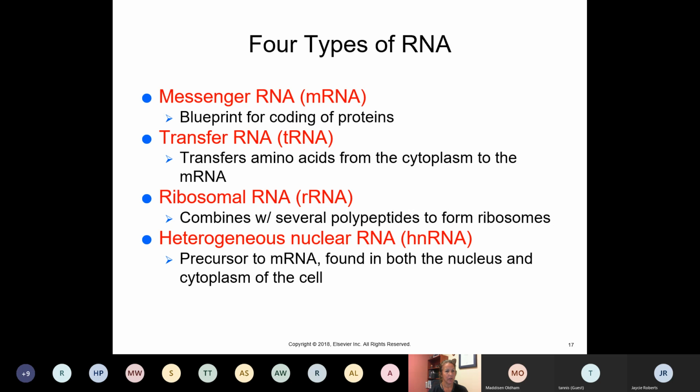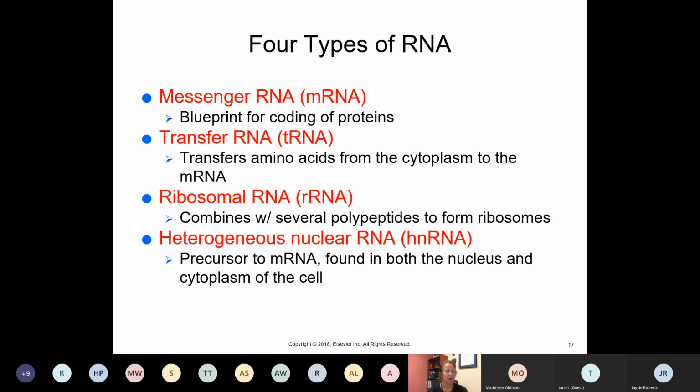There are 4 types of RNA. There's messenger RNA, which is the blueprint for coding of proteins. There's transfer RNA, which transfers those amino acids from the cytoplasm of the cell to that messenger RNA so that it can help make protein. There's ribosomal RNA, which combines with several polypeptides to form ribosomes, which are again a protein.